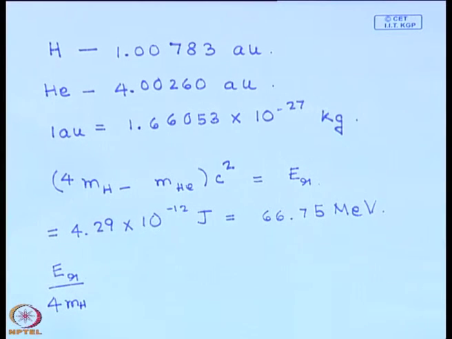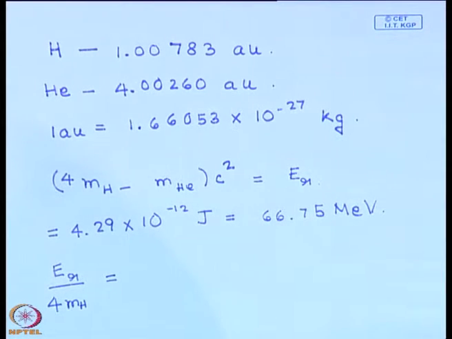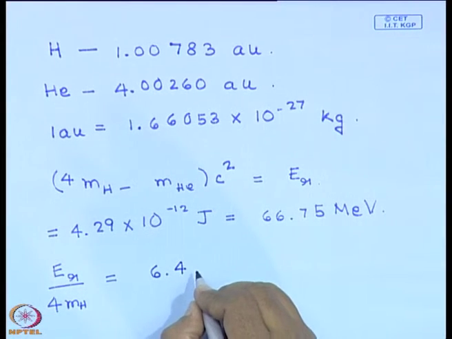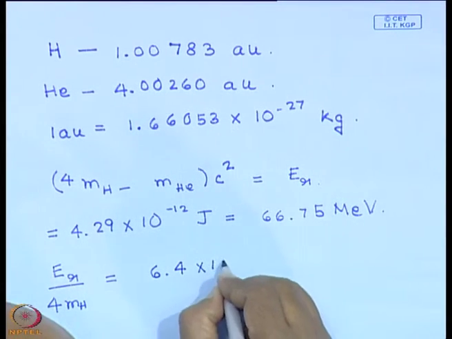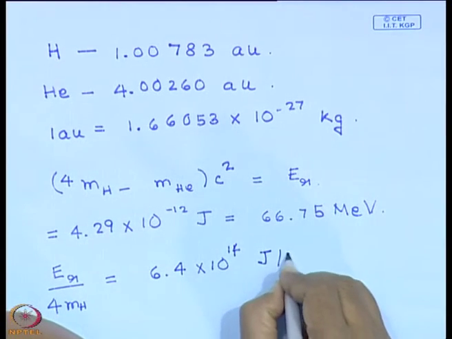This is the ratio of the energy that is released to the mass that you started with. And this comes out to be 6.4 into 10 to the power 14 joules per kg.